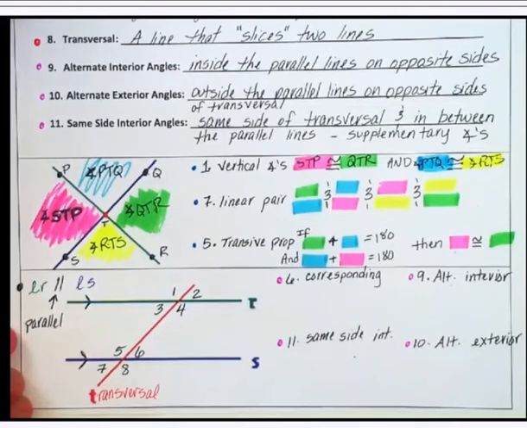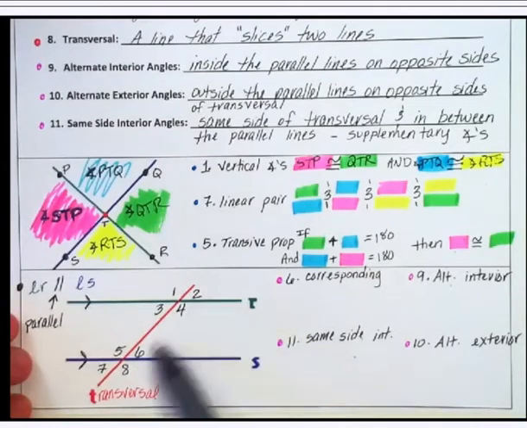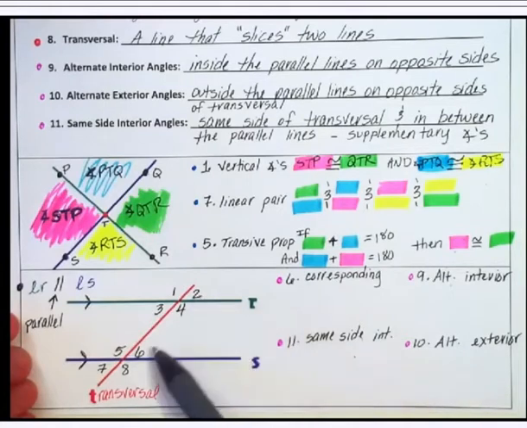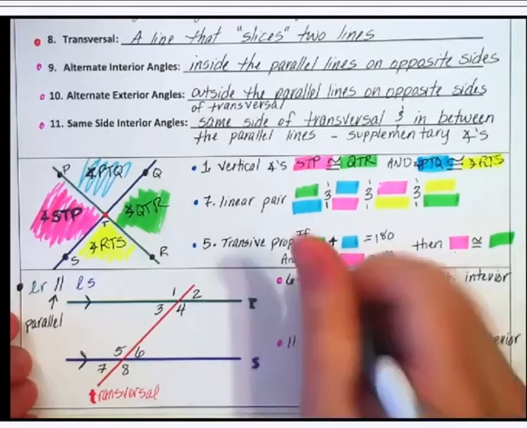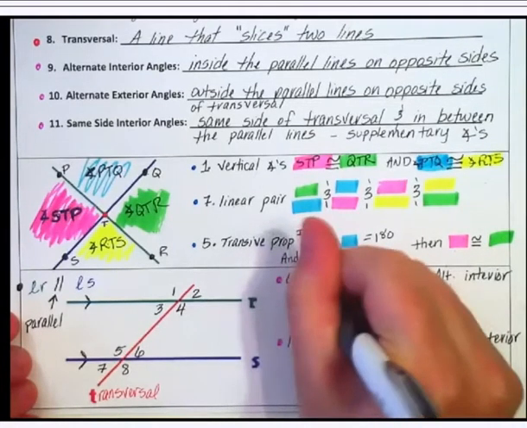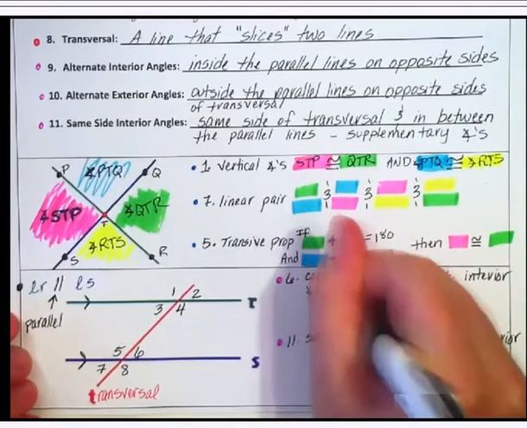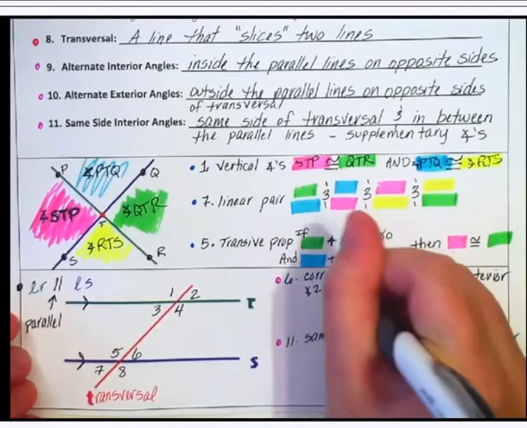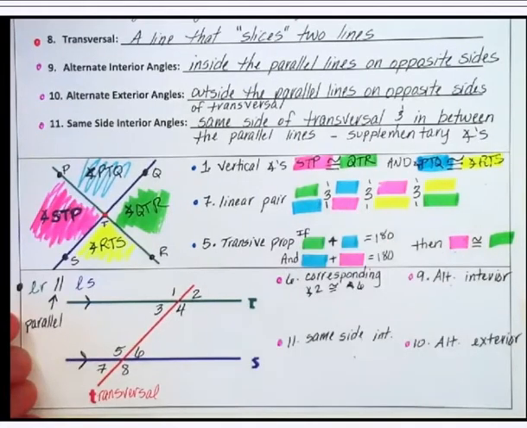So let's identify some corresponding angles on this side, okay? So 2 is on the top right and 6 is on the top right. So that means angle 2 is congruent to angle 6. Angle 2 is congruent to angle 6 by corresponding angles.